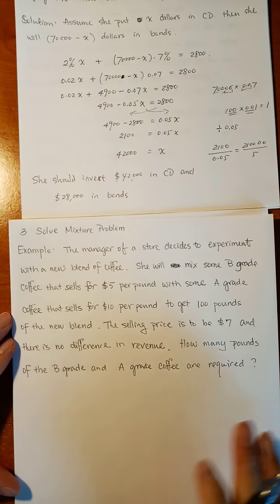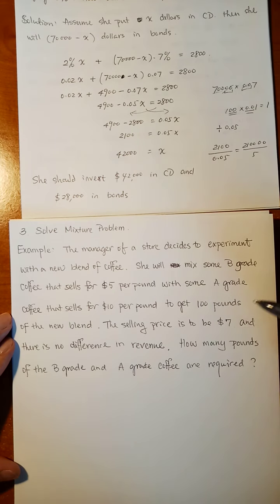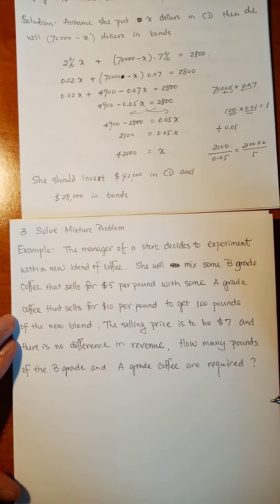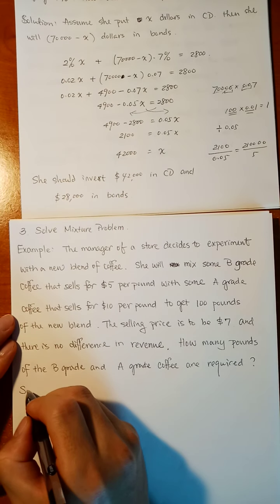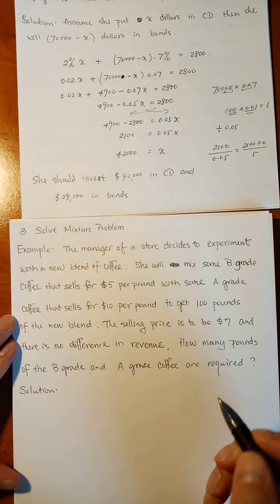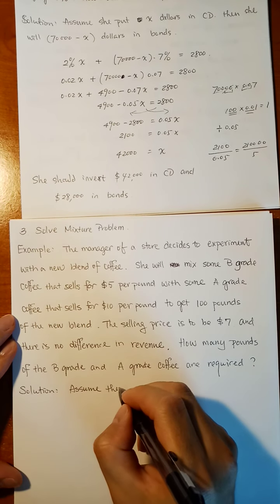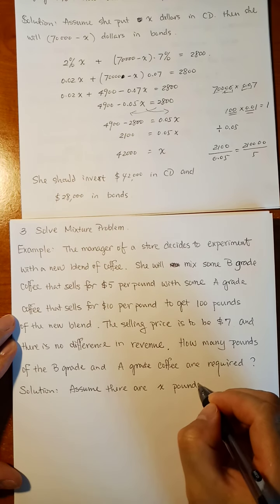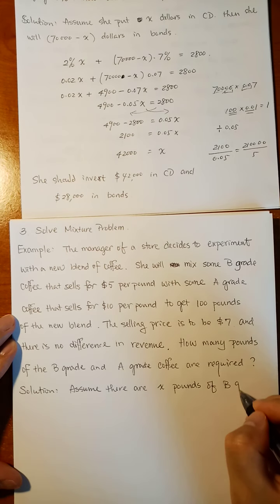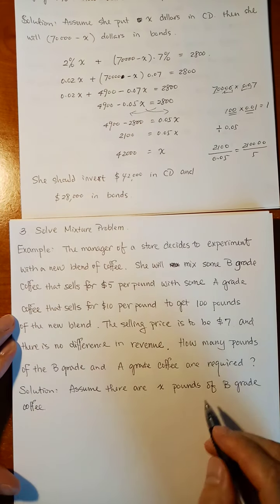Okay, so you see, this is exactly like that interest, but just with a different name. When you talk money, you call them interest. When you talk about business, you call them price. So for example, assume there are X pounds of B grade coffee.